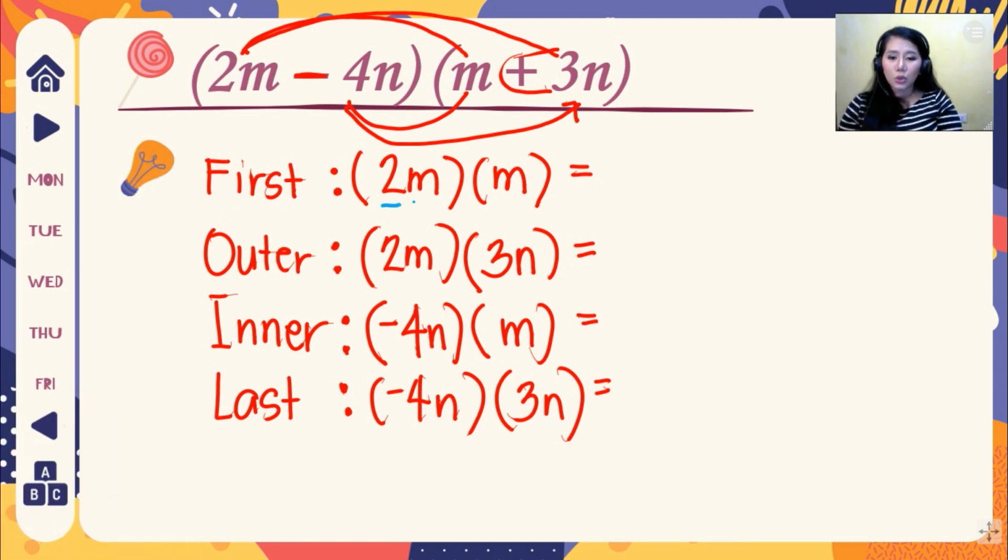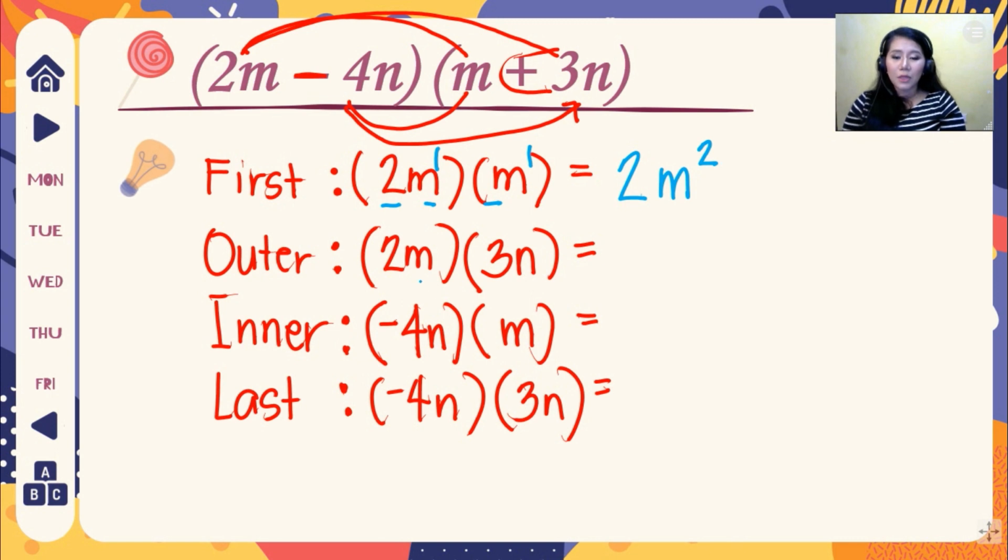So, I have here 2. Walang numerical coefficient. Wala ba? Meron. Ano yun? Invisible na 1. 2 times 1 lang naman yan, class. 2 times 1, anong sagot? 2. And then, m, may exponent na 1. M, may exponent na 1. So, magiging m squared. Okay? Kasi ipa-plus natin daw yung exponent.